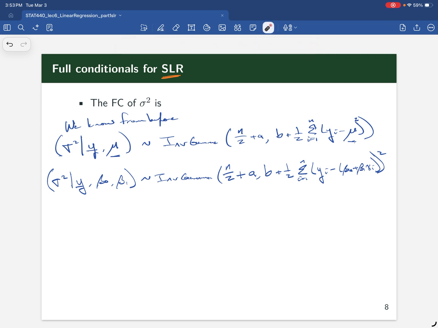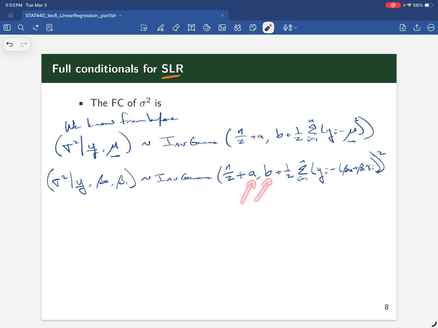So here is the first parameter of our inverse gamma. Here's the second parameter of our inverse gamma, given the data, which would go in here, and given the explanatory variable xi, assuming we know beta naught and beta 1, which if we're in the Gibbs sampler situation, we have current values for beta naught and beta 1 that we would plug in.